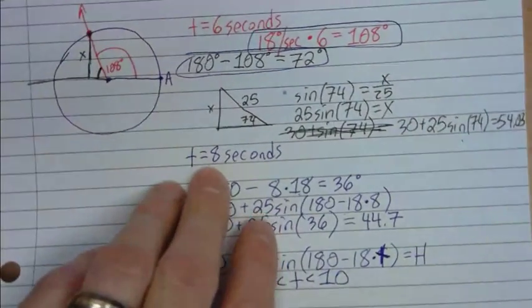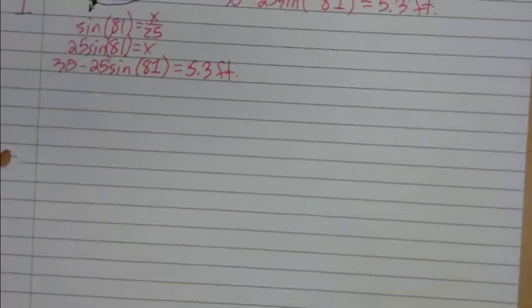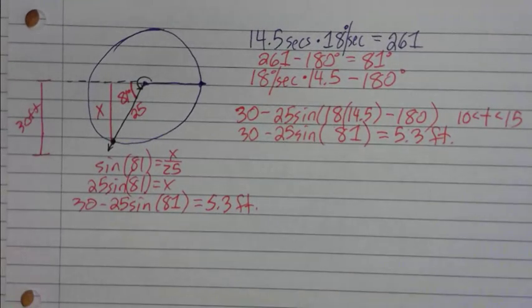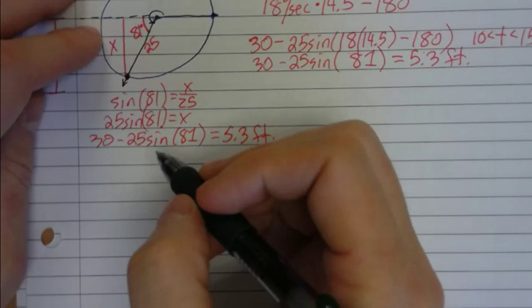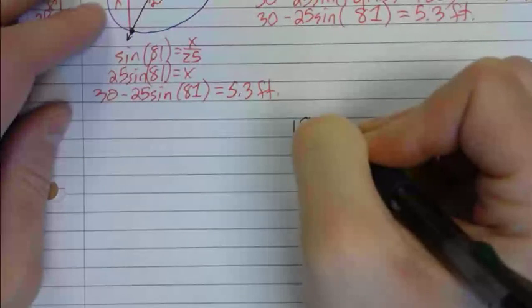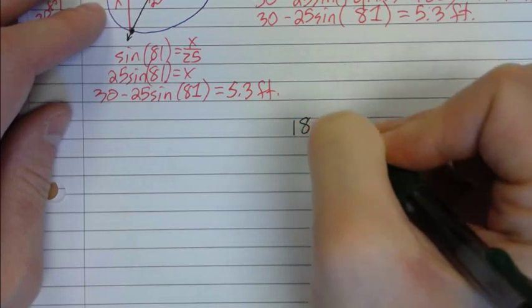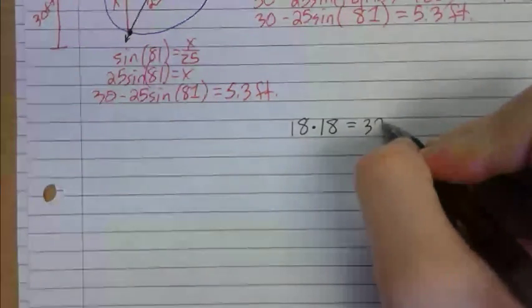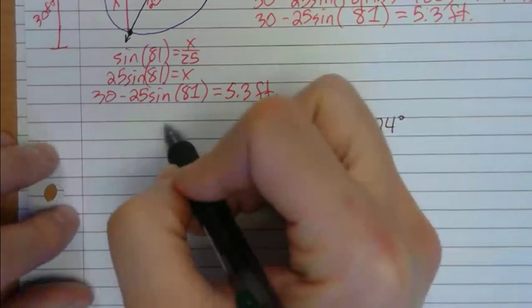And now to wrap things up in our last couple minutes of this video, if we are in our last quadrant, that is between 15 and 20 seconds. So between 15 and 20 seconds, let's go with 18 seconds. So if we do 18 degrees per second times 18 seconds, 18 times 18 would be 324 total degrees.